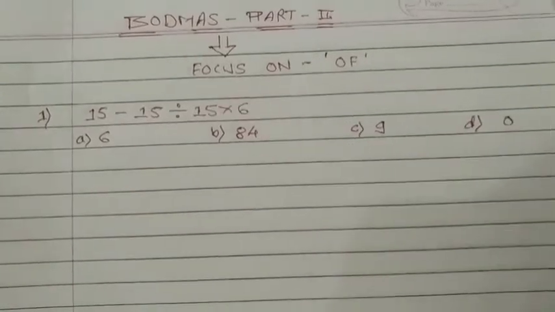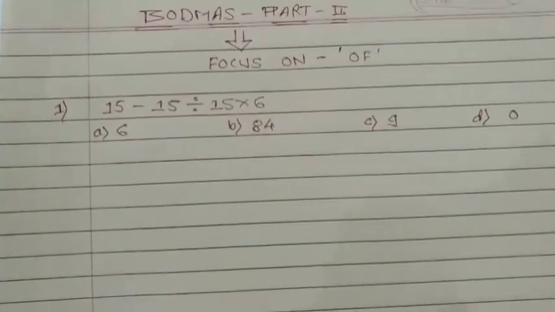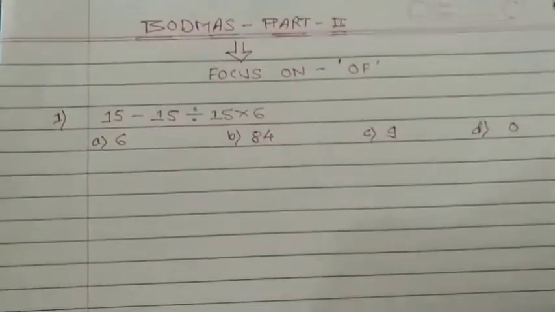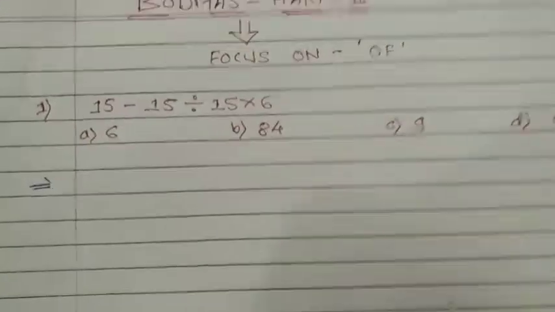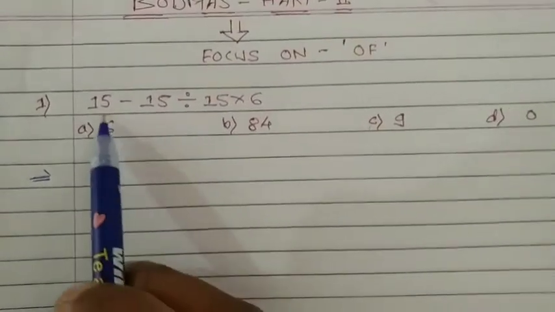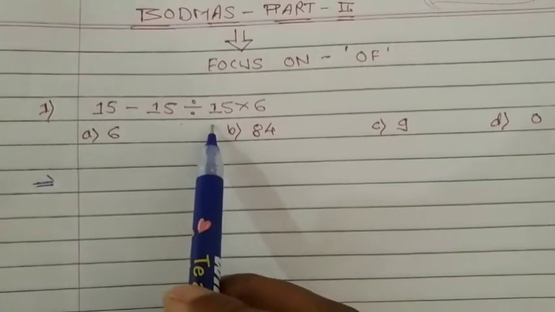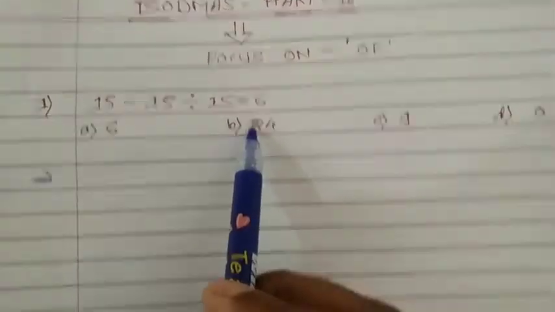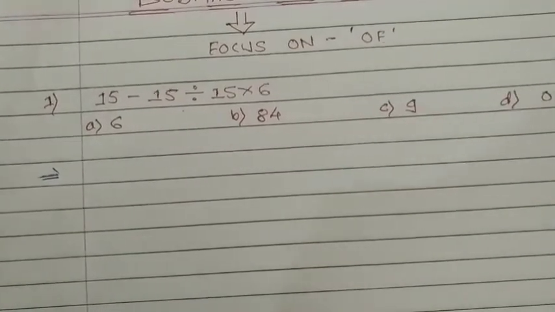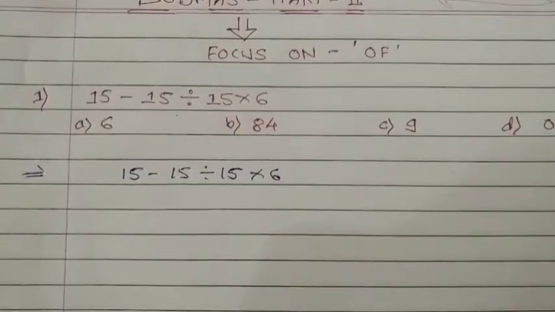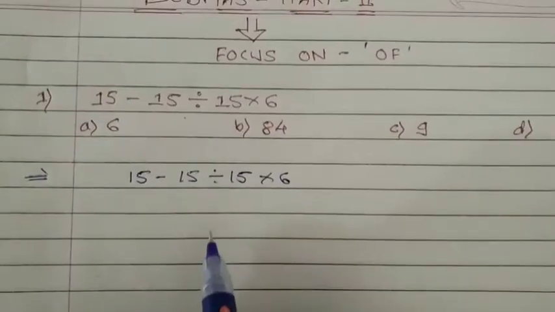Okay students, so let us discuss about the some problems. This is the first problem of BODMAS rule. 15 minus 15 divide 15 multiplication 6. So firstly questions write as it is.